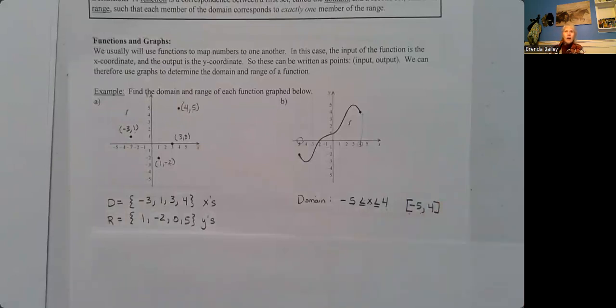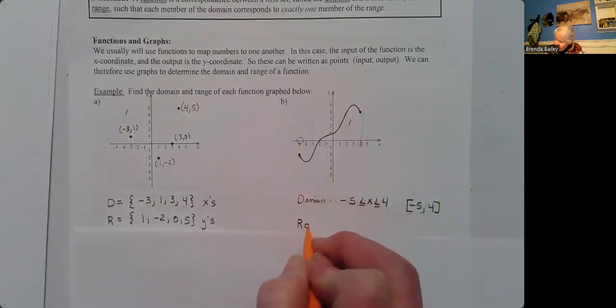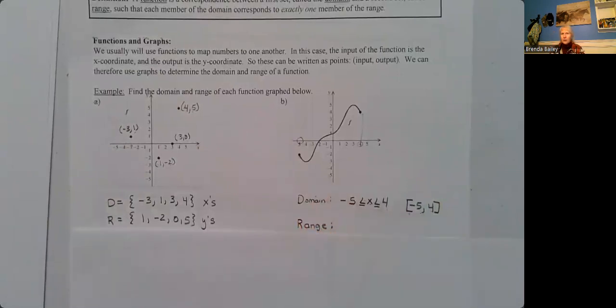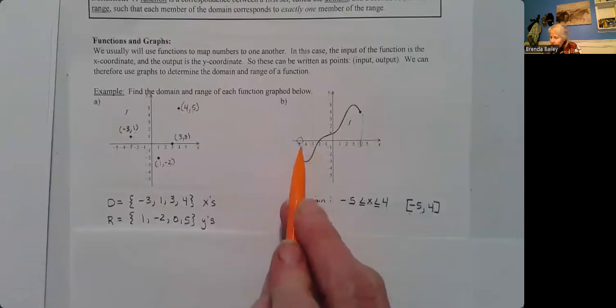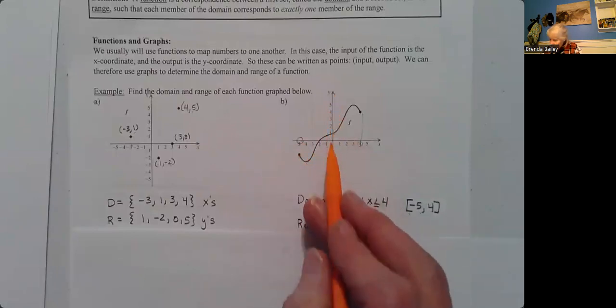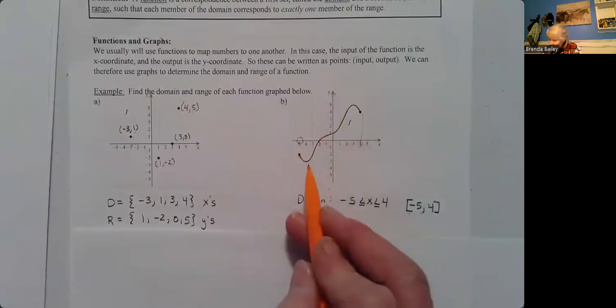All righty. Okay, let's look at the range. I like to look at ranges with a graph. Most of the time when I ask you for the range, you'll have a graph. The range are the y's. Just like we went to the furthest left on the x's, to find the range you'll go to the furthest down, the lowest, I guess you could say.